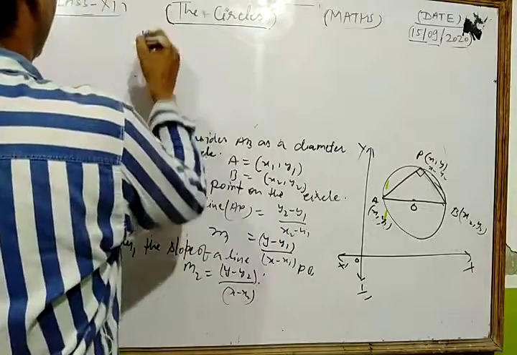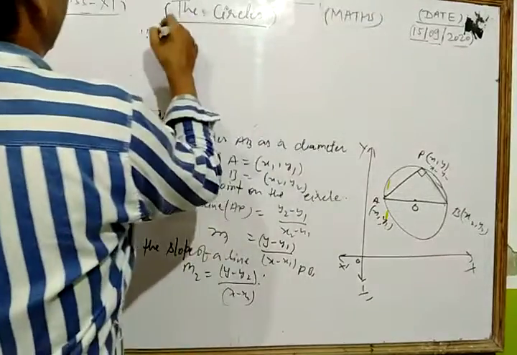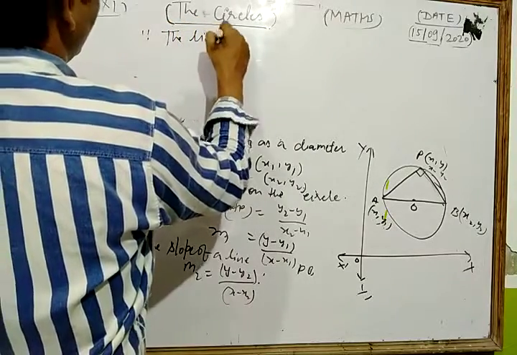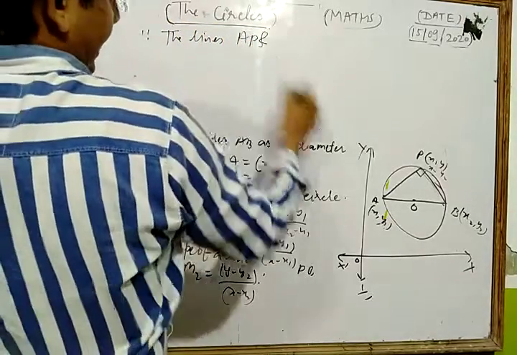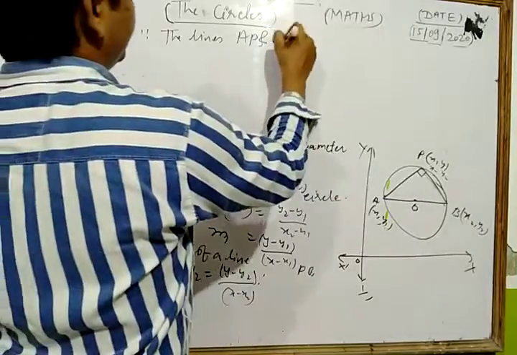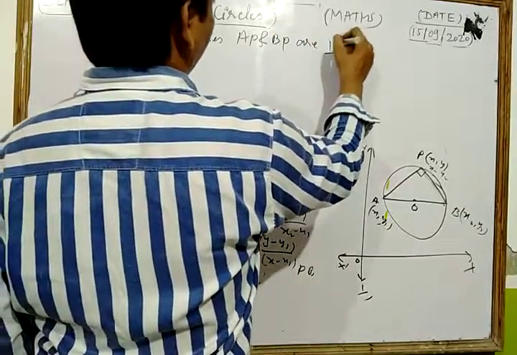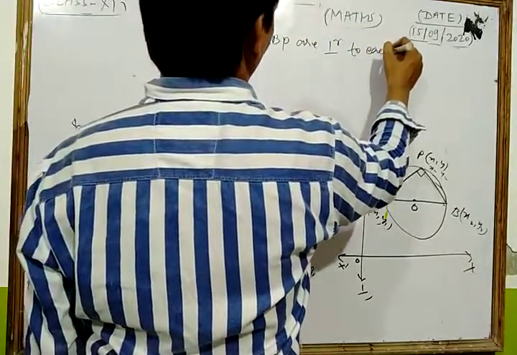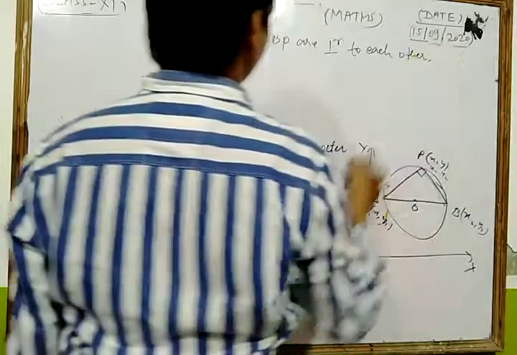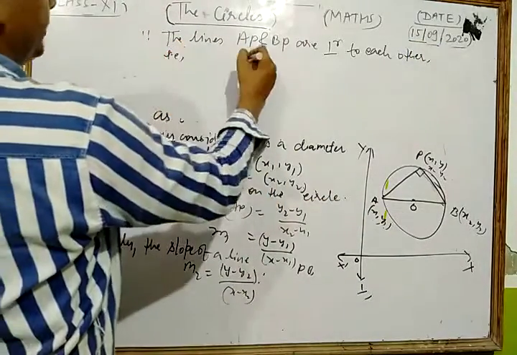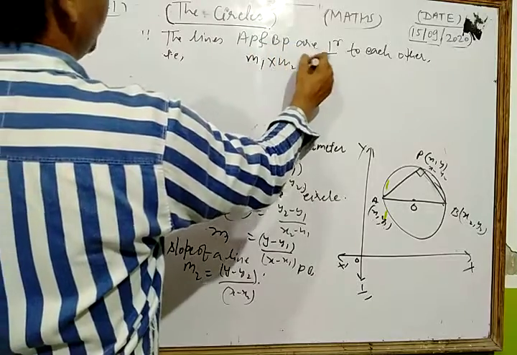Since the lines AP and PB are perpendicular to each other, m1 into m2 is equal to minus 1.